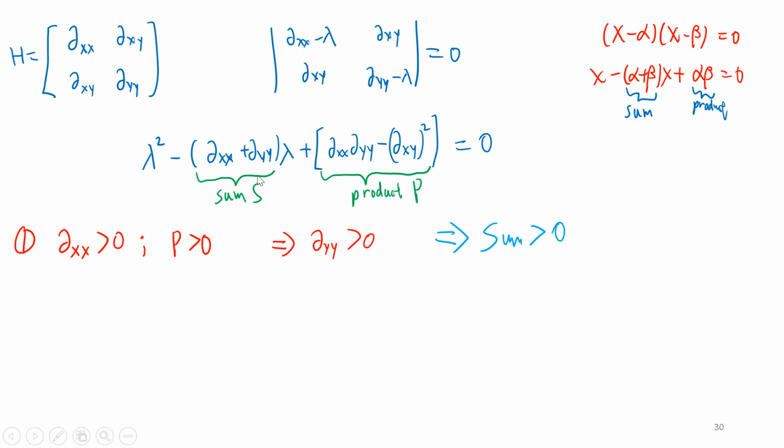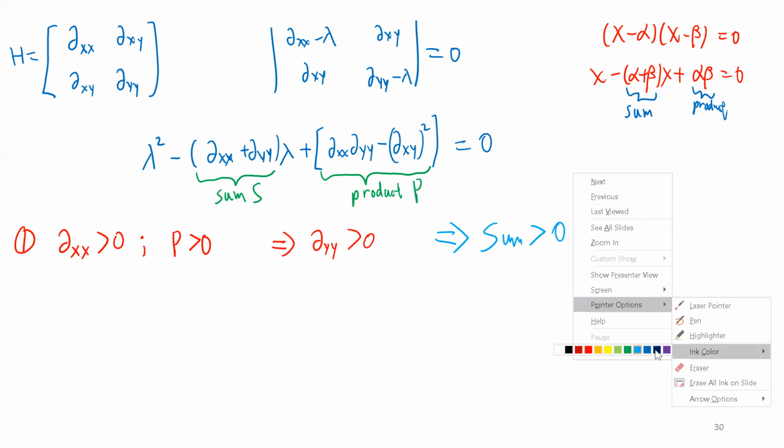So the sum of roots is positive, and the product of roots is also positive, as I proposed. So that means both lambda 1 and lambda 2 are positive.